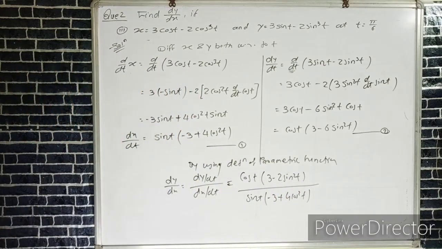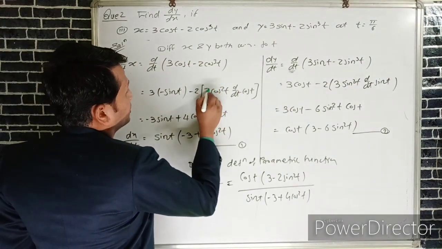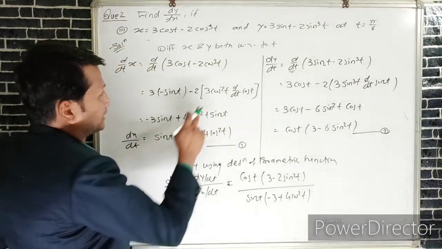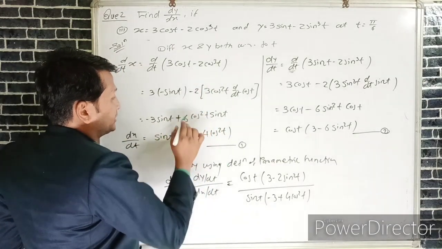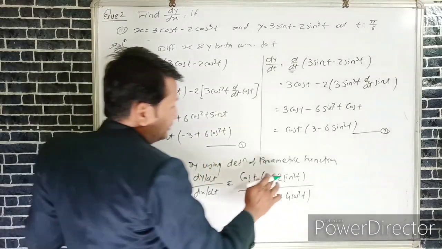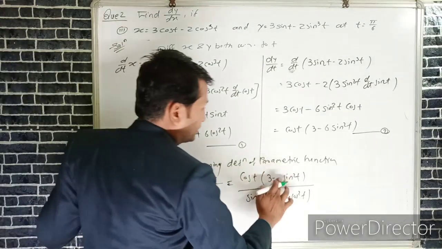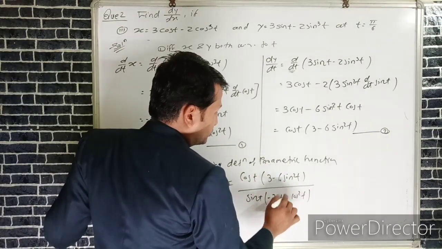If we substitute the value of t, here the derivative of cos cube t is 3 cos square t into again the derivative of cos t. We can write here 3 into 2, 6, which means 6 cos square t.